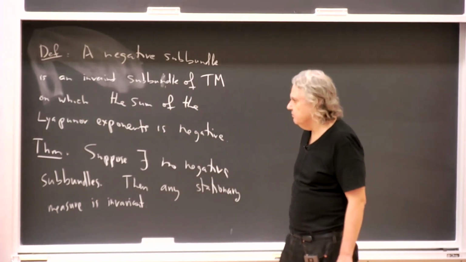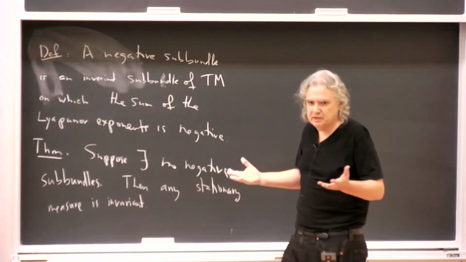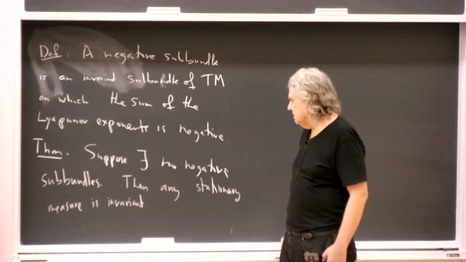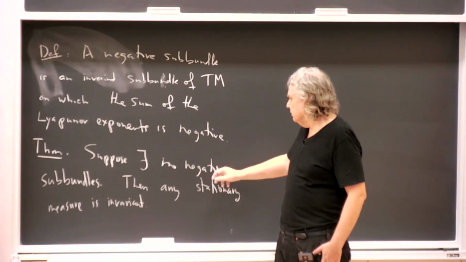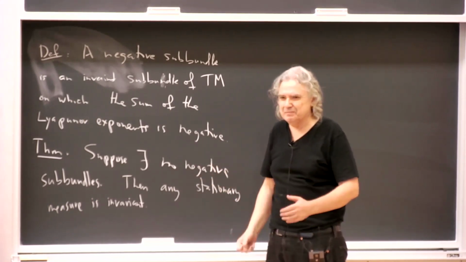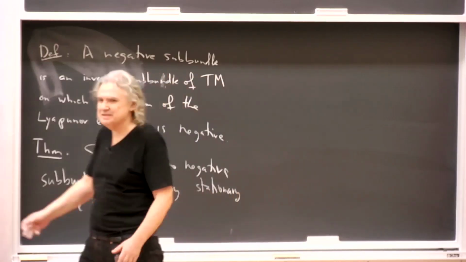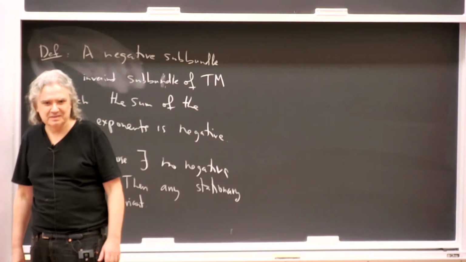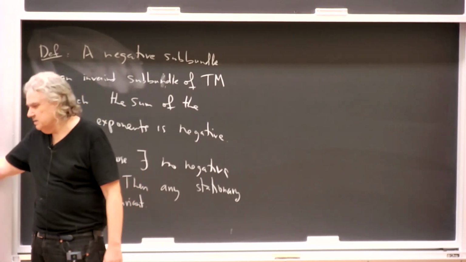So you cannot have non-invariant stationary measures unless, to me, putting in a negative subbundle is like secretly putting in some copy of projective space inside your system. If you don't do that, then you really don't have this kind of behavior.